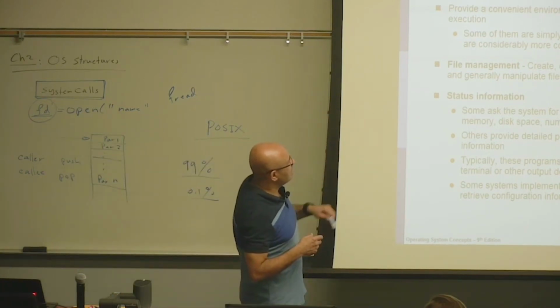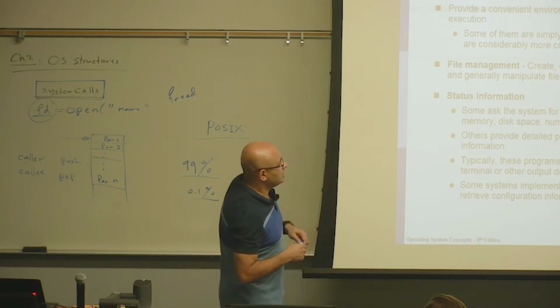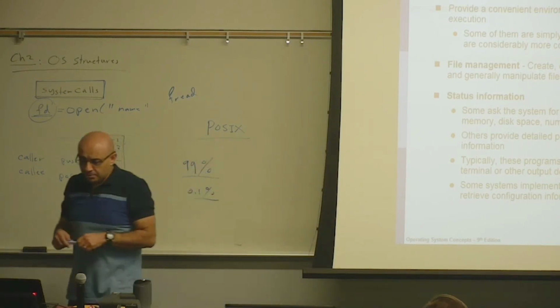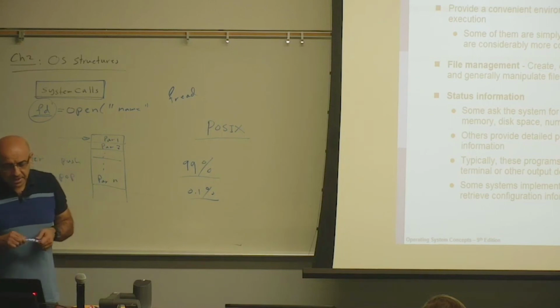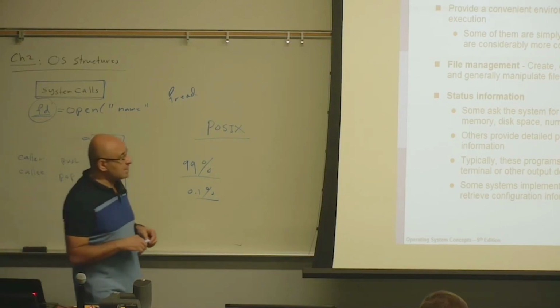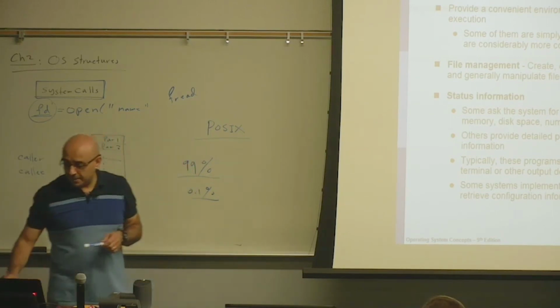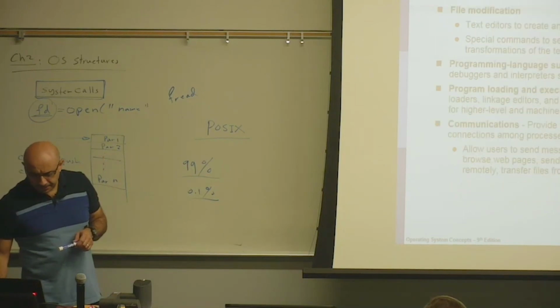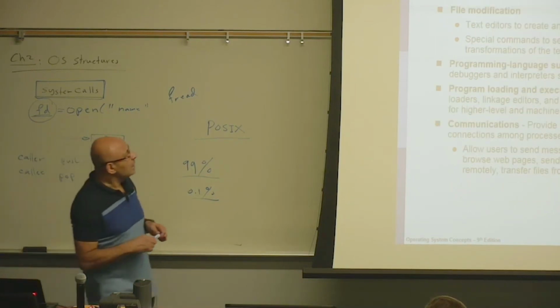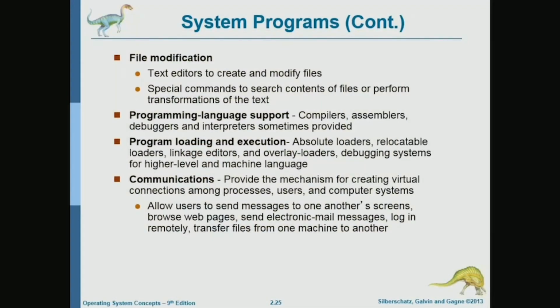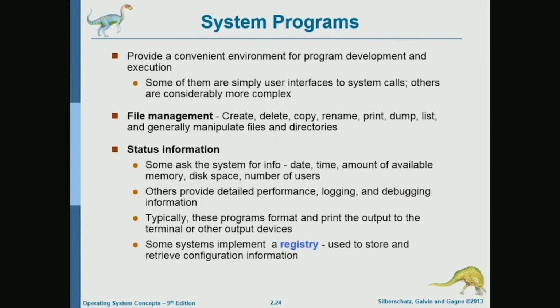File management, status information, programs that give you information about the status of the system. File modification. So I mentioned text editors in the previous slide. Well, file manipulation means creation and copying of files.